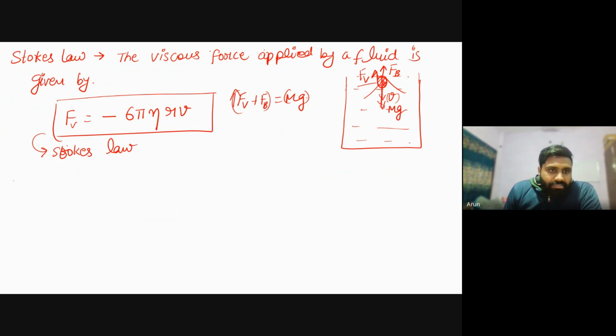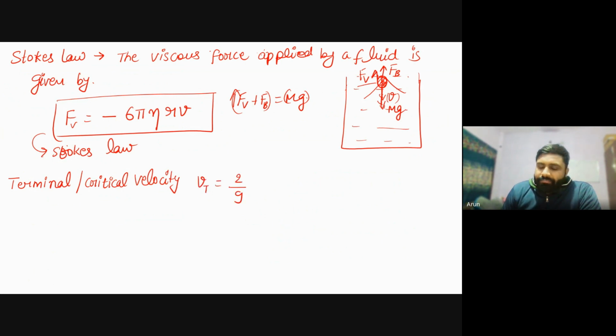So that velocity is termed as terminal slash critical velocity, which is given by Vt, which is given by 2 by 9 a square by eta into rho minus sigma into g.